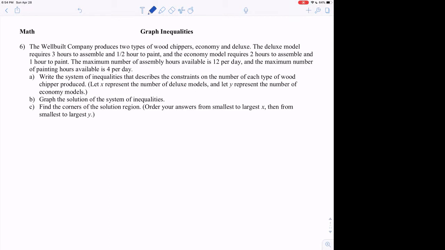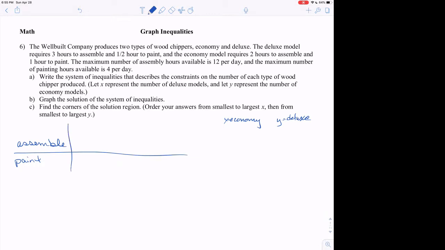So we want to assemble and we want to paint. Now, one of the things that we have to do is figure out what X and Y are. X are the economy types and Y are the deluxe.